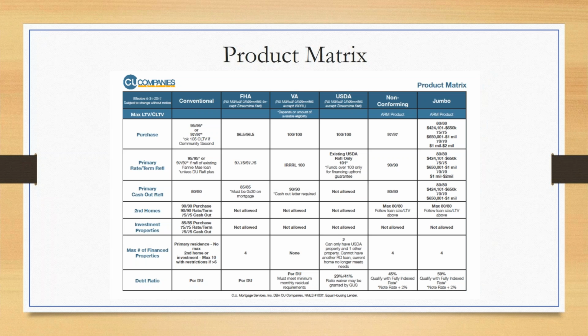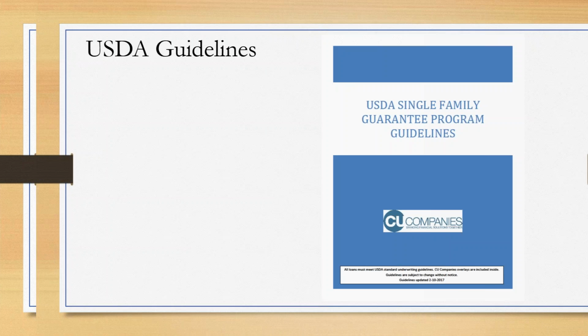Here's the product matrix. It does include a column for USDA throughout it to give you some basics. So have that available and take a look at it, to make it easy to cover some of those basic pieces of information on the product matrix.